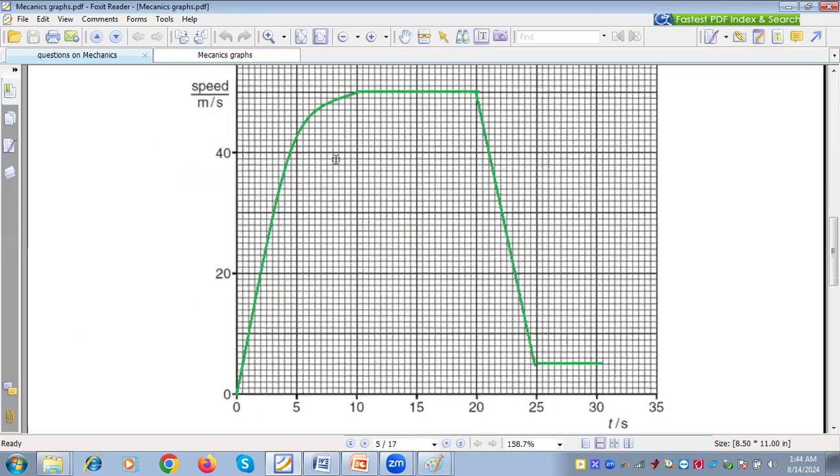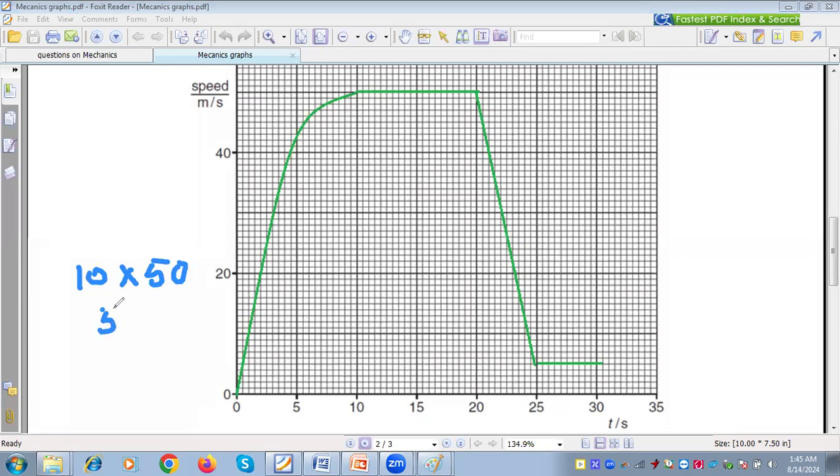So t equals 10 seconds and 20 seconds. That is a uniform speed. So what will we do? We will calculate the area under the graph. So this is 10 and this is 20. So 10 into 50, that is 500 meters. He was traveling at 50 meter per second and the time is 10.